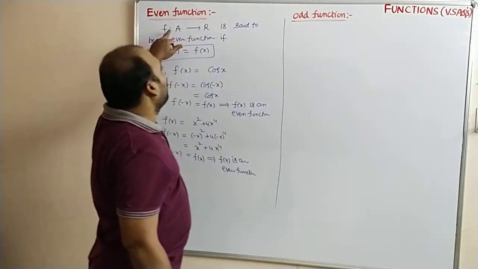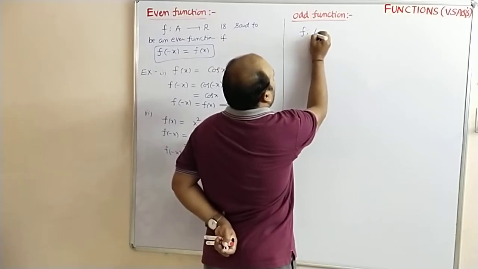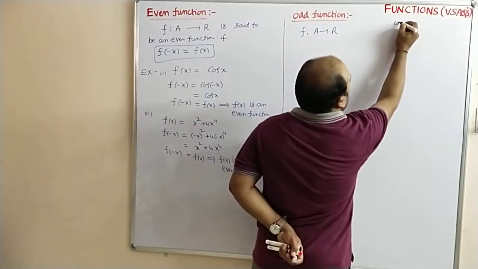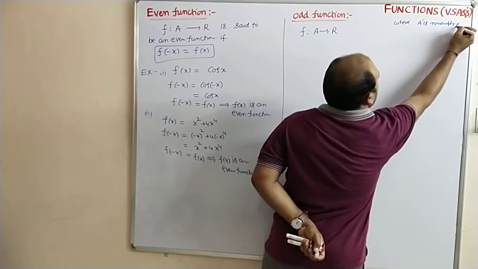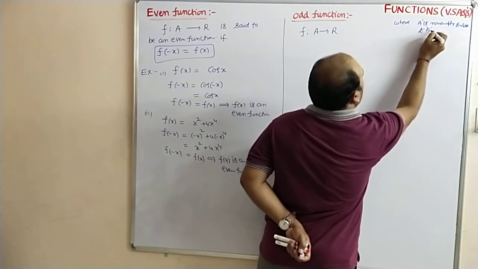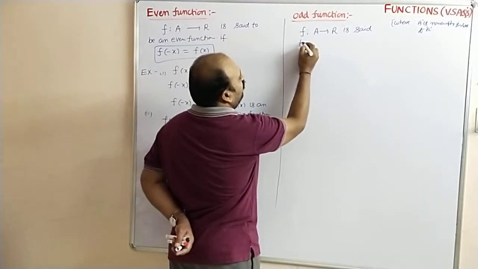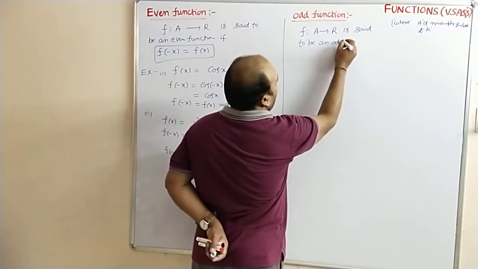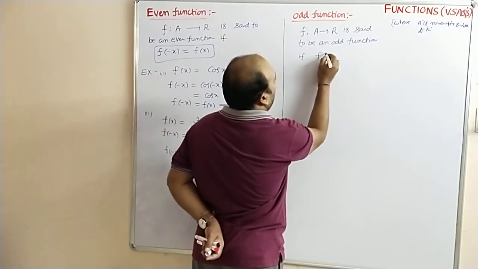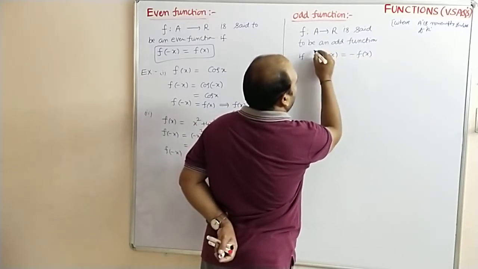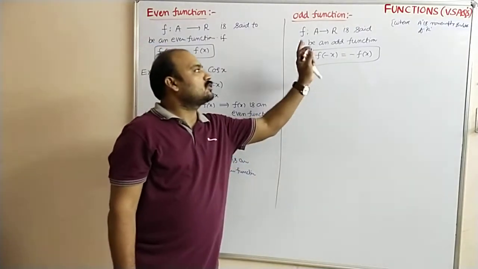F is defining from a non-empty set A to R, where A is a subset of R, is said to be an odd function if f of minus x is equal to minus f of x for all x belongs to A.